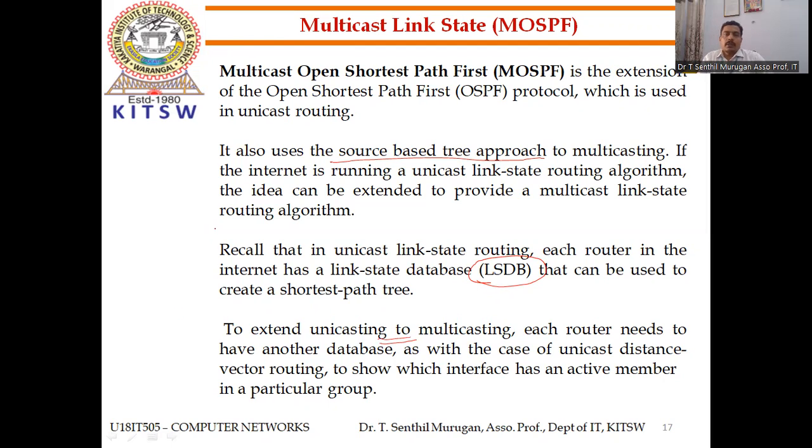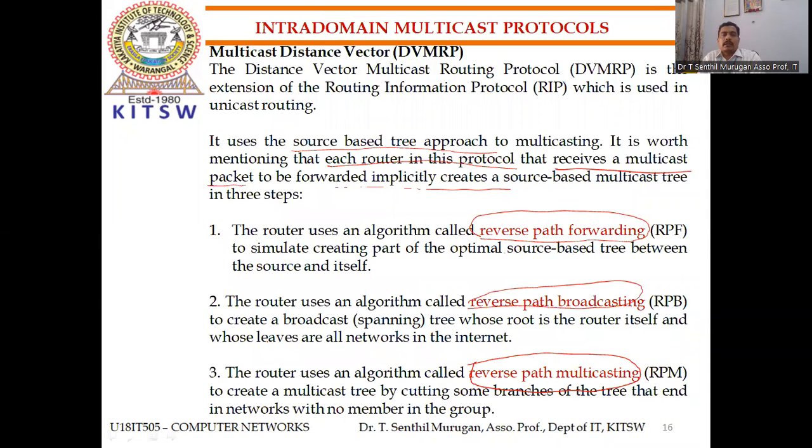In the unicast protocol OSPF, each router needs to have another database. What is that database? In the case of unicast, it shows the interfaces of the active members of the group, so that all the other nodes' databases are available to forward information for multicasting.